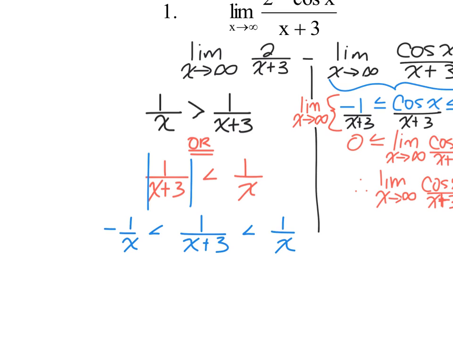And what I've noticed over the years is that there's a lot of them. I'm going to type this in. So, -1 over x, positive 1 over x should surround the 1 over x plus 3. So let's take a look at it. I can give you the short version of it today, but there's more to it than that.